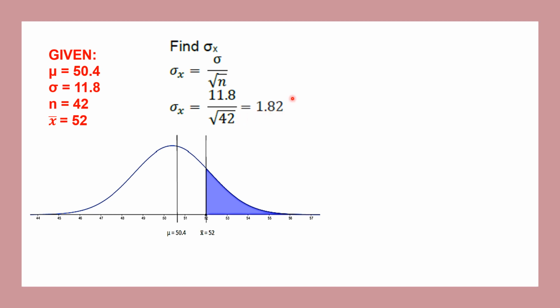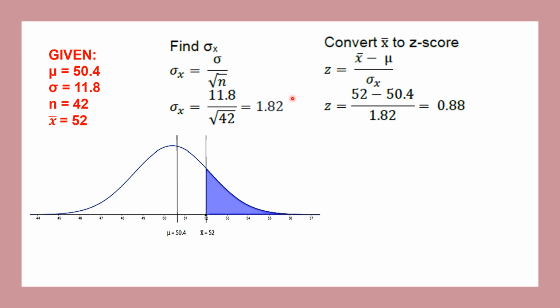After getting that, we can now convert x bar to a z-score with this formula. Since we're dealing with either a finite or infinite population, we will use this formula. Upon substitution, we will get positive 0.88.